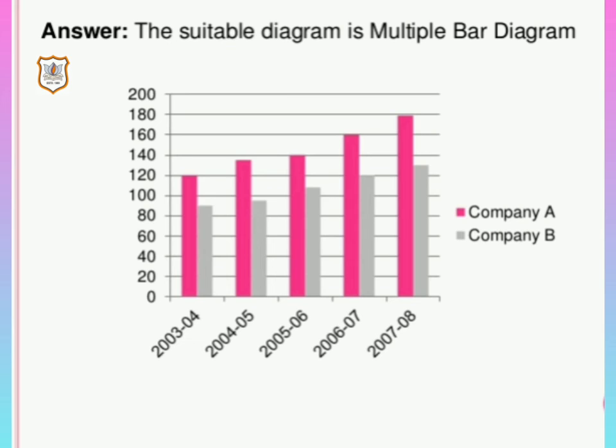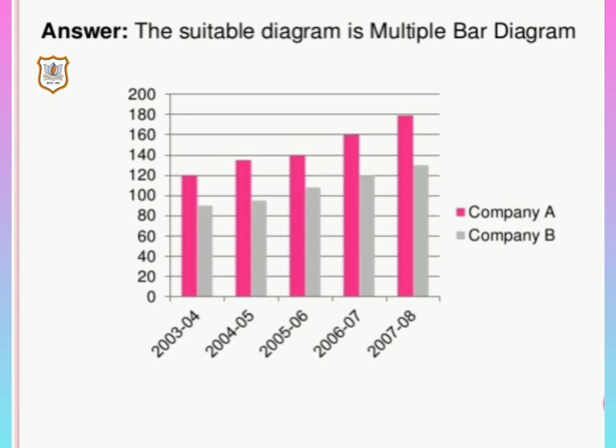In the financial year 2006-07, company A is having profit of 160, company B is having profit of 120. So the pink bar is perfectly drawn up to 160 and the grey bar is perfectly drawn up to 120. In the financial year 2007-08, company A is having profit of 179, company B is having profit of 130.